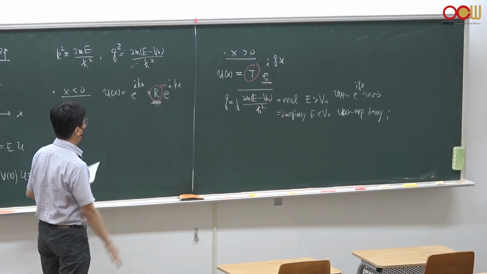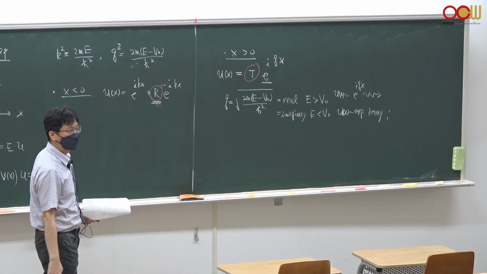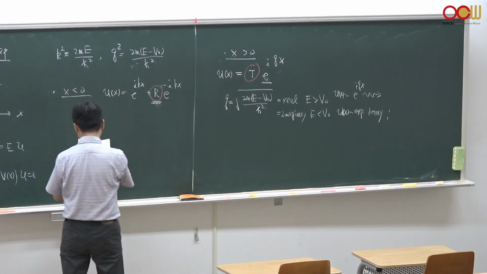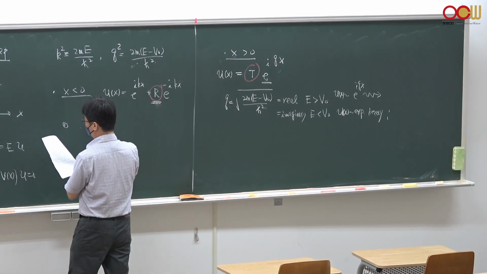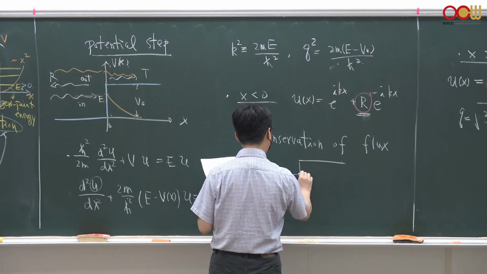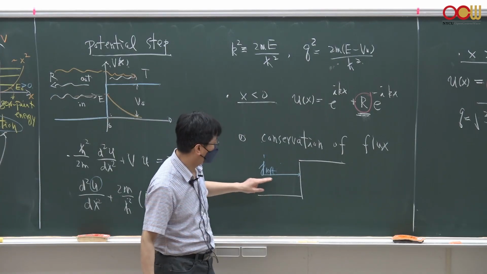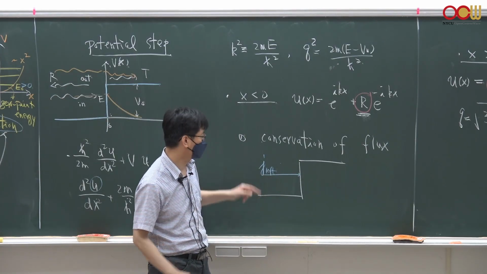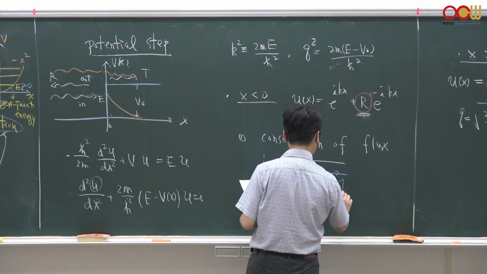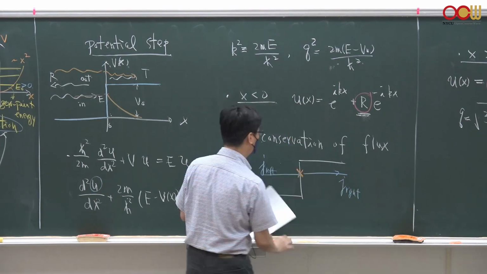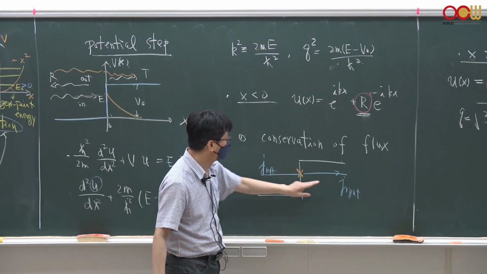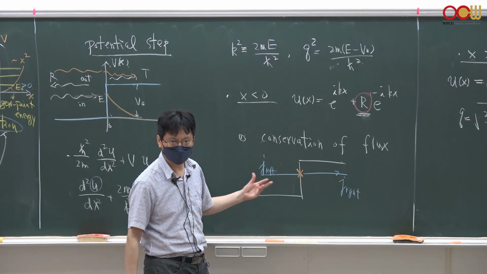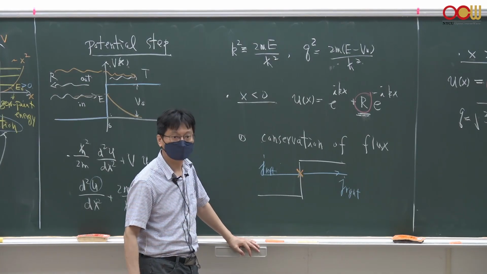To really solve for R and T, we need several conditions. The first one is called conservation of flux, meaning whatever flux you find on the left side of the potential should match the flux on the right. Right at x equals 0, these two fluxes of particles must be conserved.